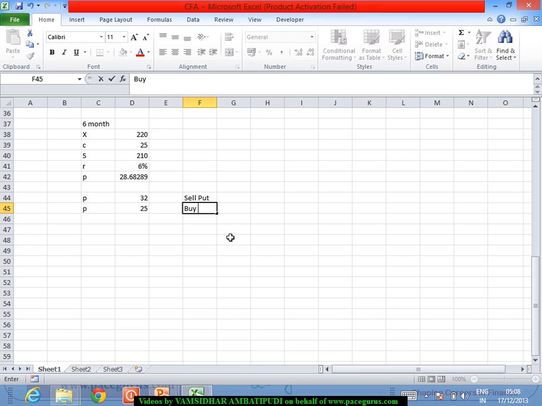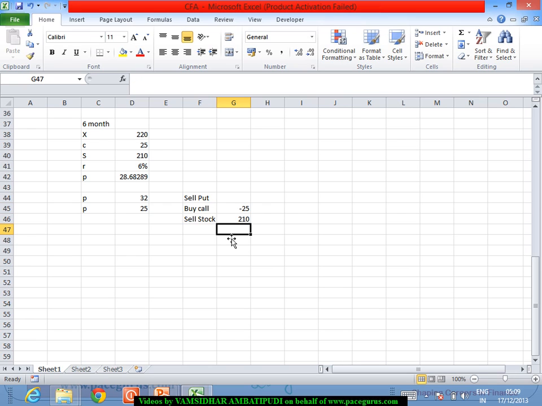Buy a call. So when I'm buying a call, it is costing me 25 bucks. Sell stock, that is the synthetic position. So when I'm selling a stock, I'm going to get 210. I'm shorting it today. When I'm buying a call, I'm paying 25.